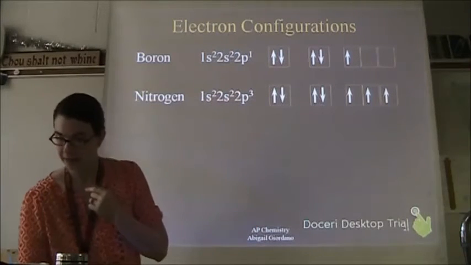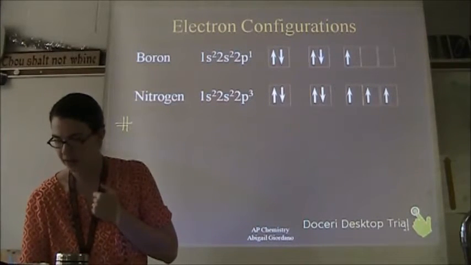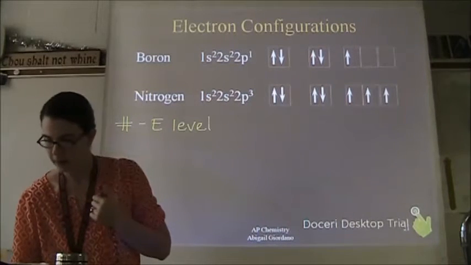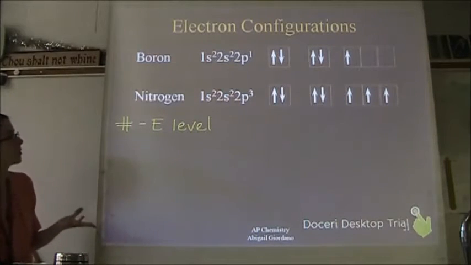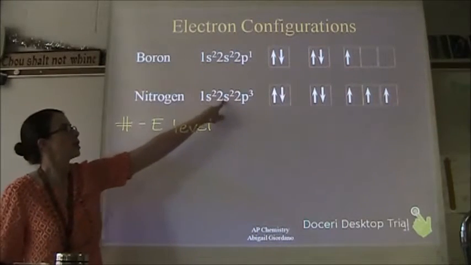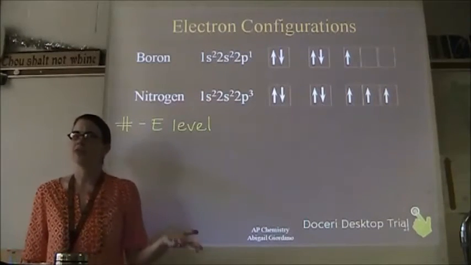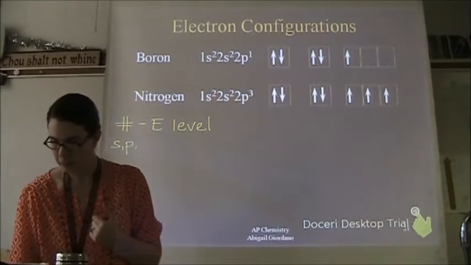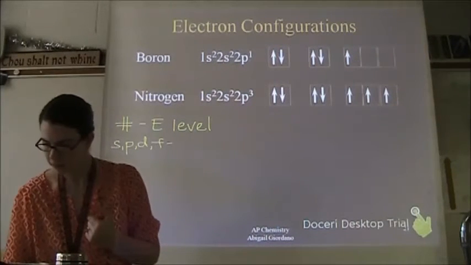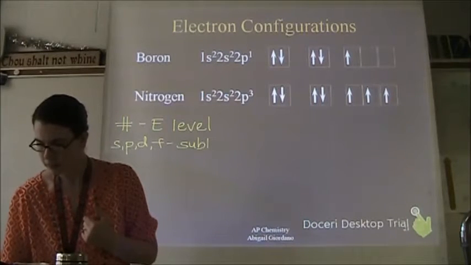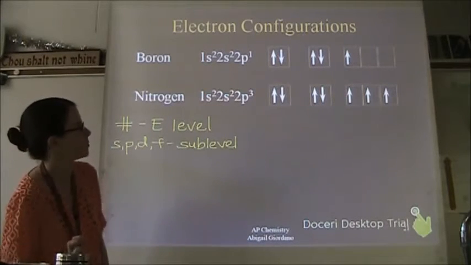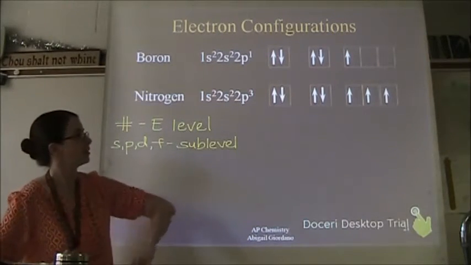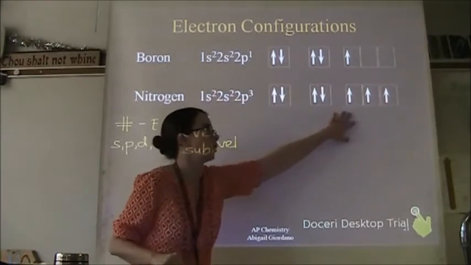Energy levels, yeah. Okay, so I'm going to say big number represents an energy level. Okay, what do we call the letters S, P, D, F, what are those? Sublevels, okay. Right, now the next level underneath that is a word I used over here.